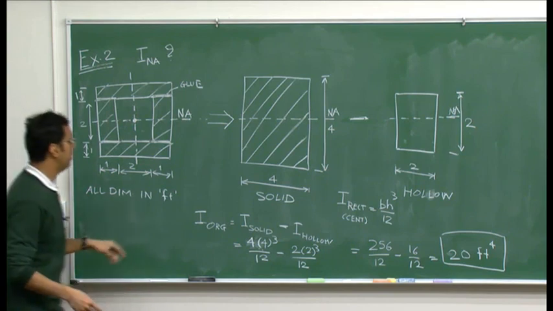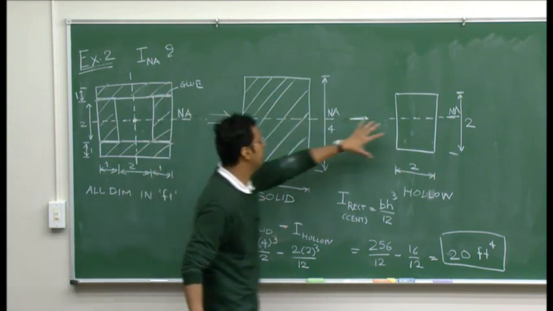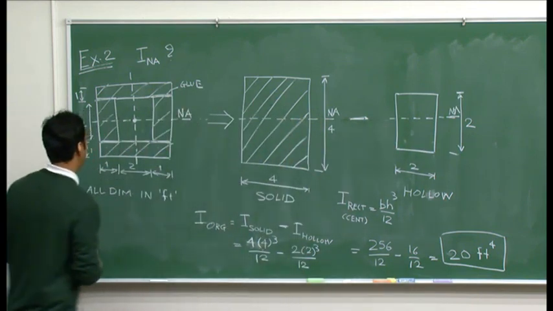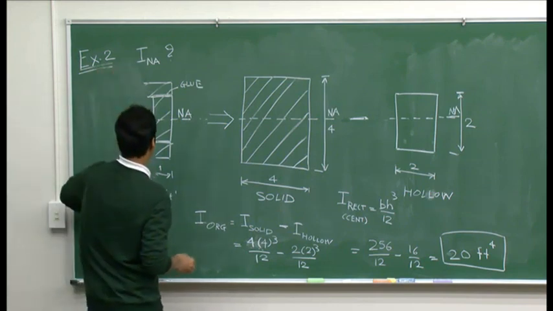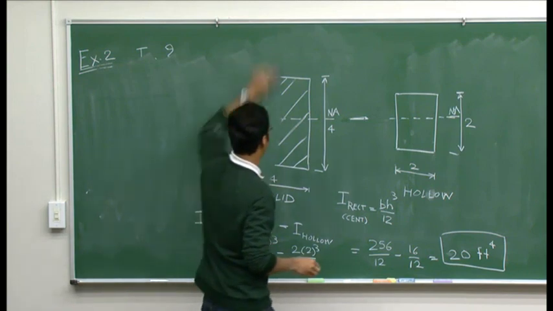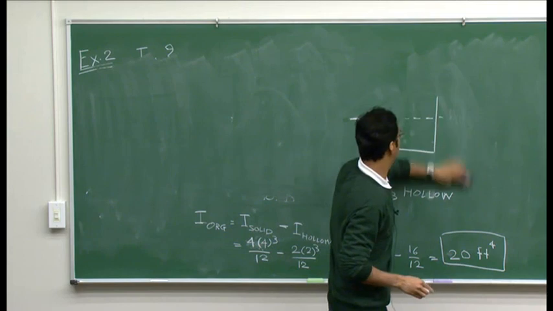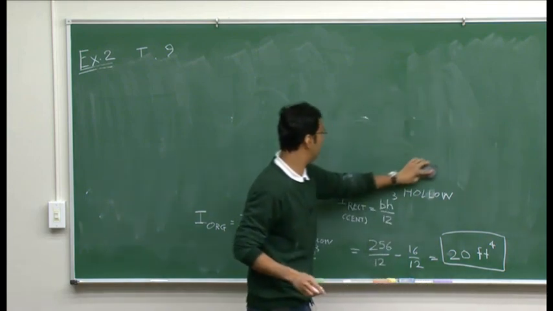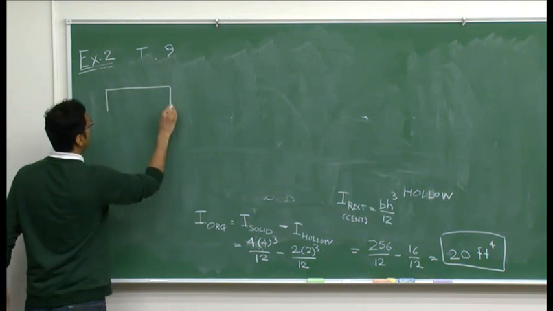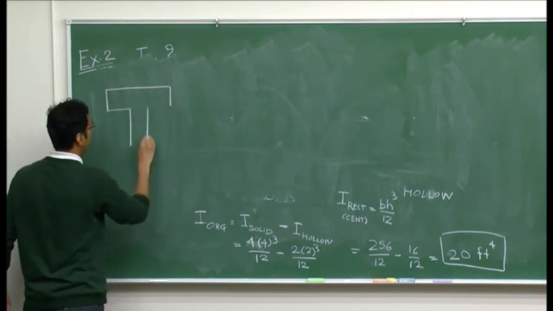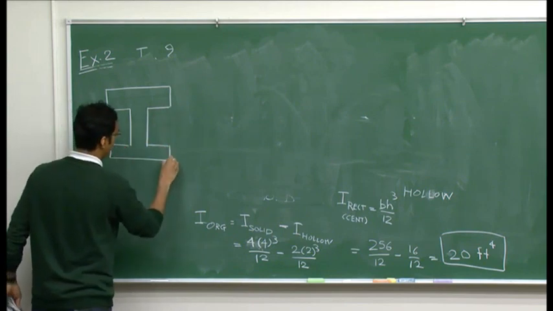Let me give you another example where you can apply this method of subtracting moments of inertia of solid and hollow portions, and that example is, let me erase this, an I-beam, which is also a very commonly used cross section for beams.